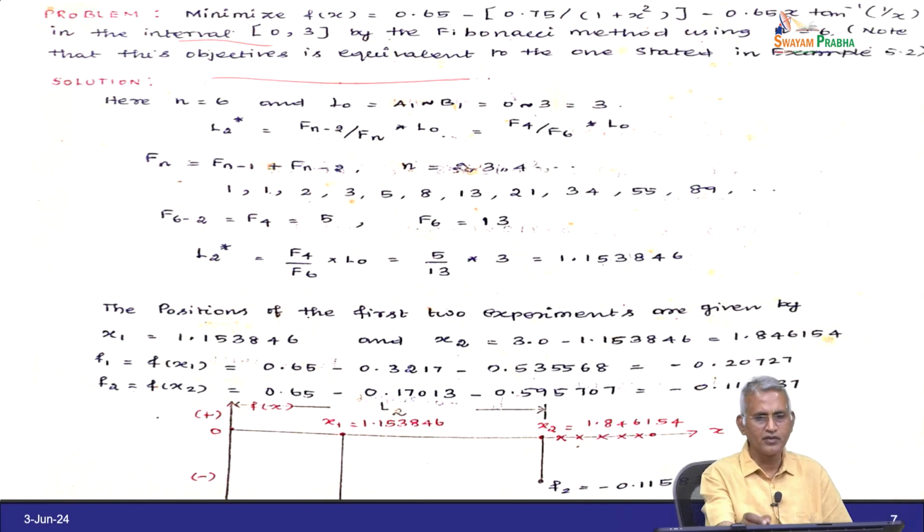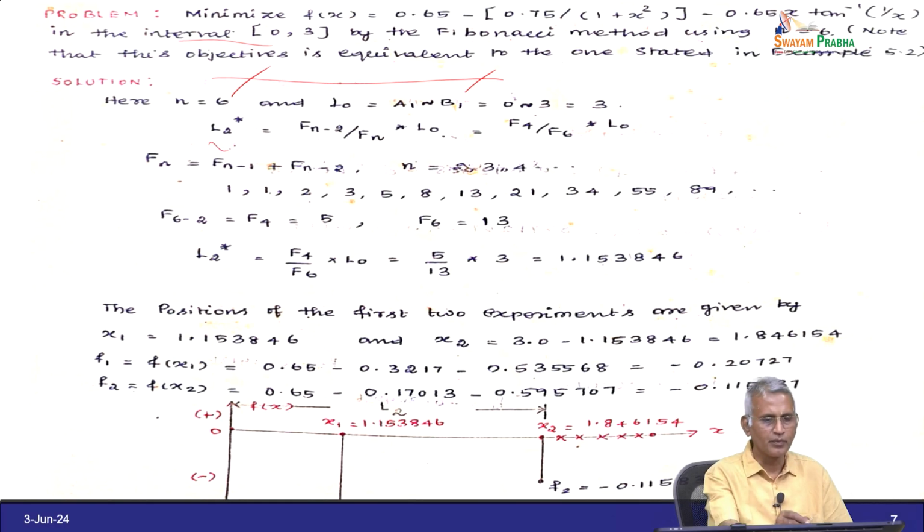Note that the objective is equivalent to the one stated in the previous example. So, here n equal to 6 and L naught equals B1 minus A1, which is 3 minus 0 equal to 3, the upper limit minus the lower limit.